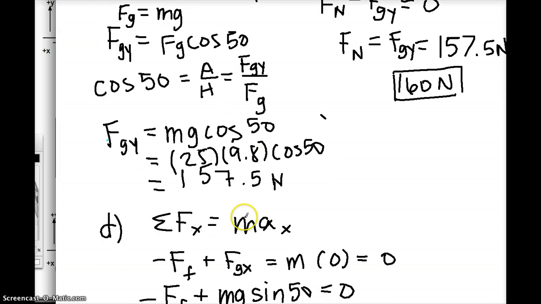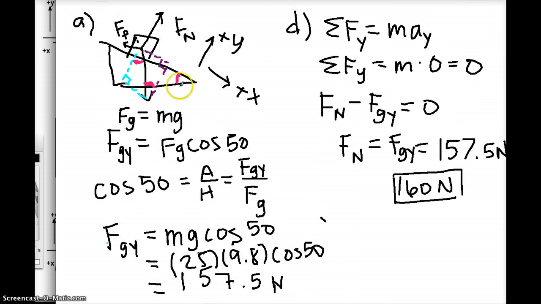That's going to equal the mass times the acceleration in the x direction. We know the acceleration in the x direction. We were told it's at rest, so this block is accelerating with 0 in the x direction. And the forces acting on that block are just the force of friction in the negative direction and this x component of gravity in the positive x direction.